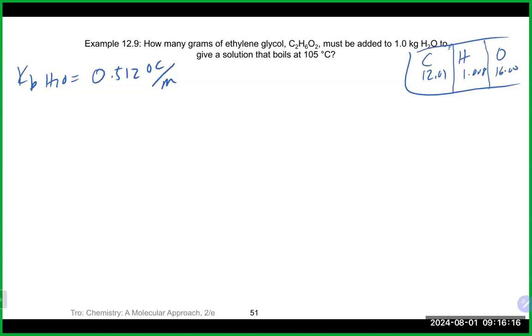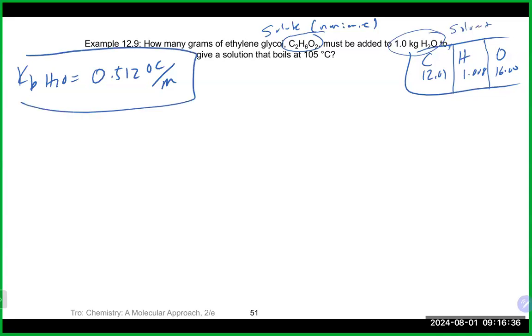Once again, a couple of things are important as you read through this. We want to know how many grams of ethylene glycol, which is really our solute. And again, this is non-ionic, so we don't have to worry about multiple particles happening here. We have a kilogram of water, which is our solvent in this particular case.